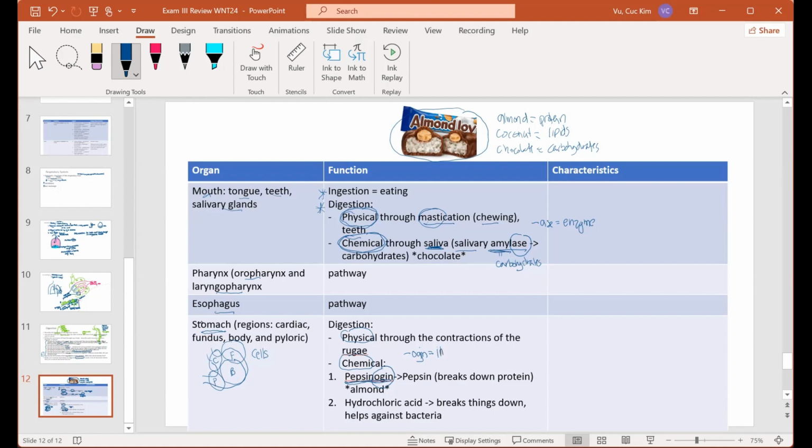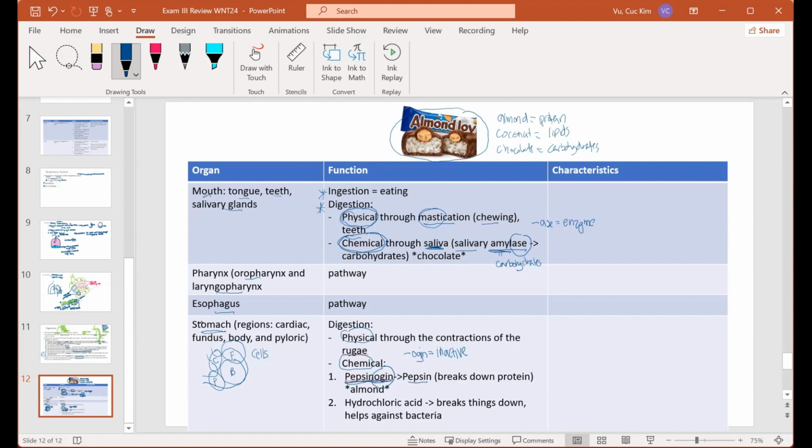It means it's inactive. So if it ends in ogen, it means it's inactive. Like fibrinogen is the inactive form of fibrin. Pepsinogen is the inactive form of pepsin.